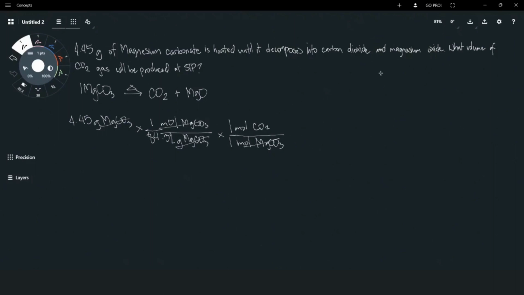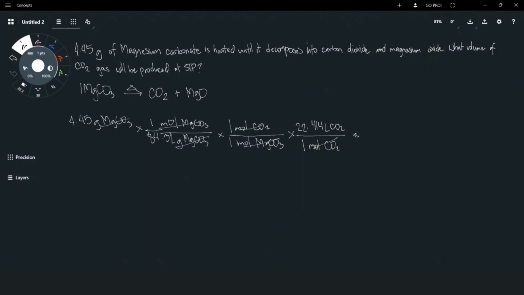And since it is asking for the volume, you can use the conversion factor that 1 mole of a gas is equal to 22.414 liters according to the standard temperature and pressure of the ideal gas law. So 1 mole of carbon dioxide is equivalent to 22.414 liters of carbon dioxide.